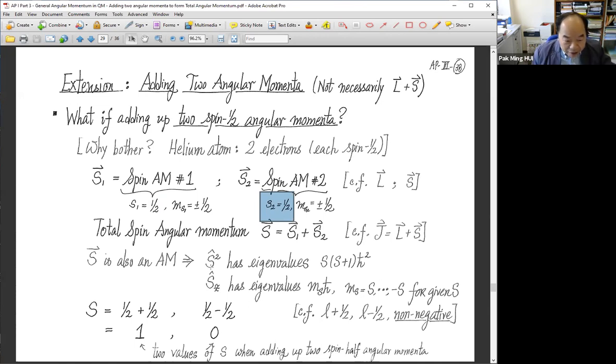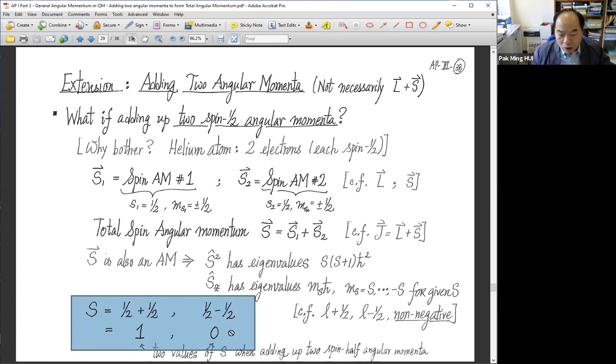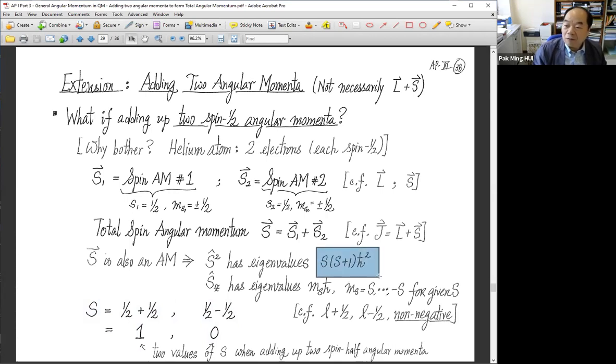So, summary: the two possibilities for the total angular momentum quantum number, characterized by S, will be 1 and 0. And then recall what this means. It means a resultant of this length.